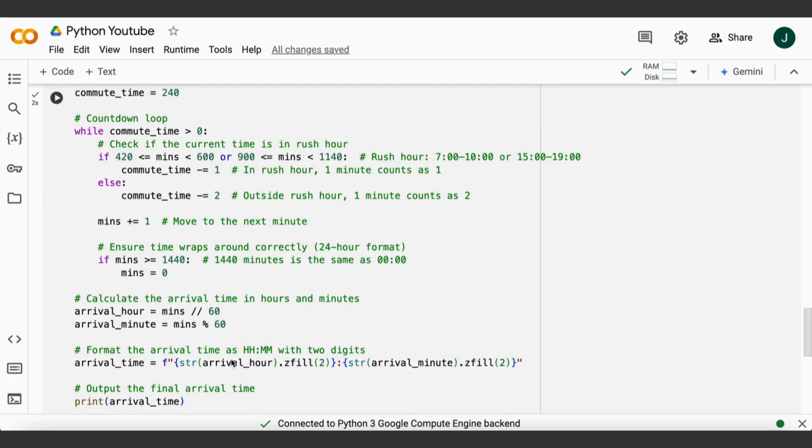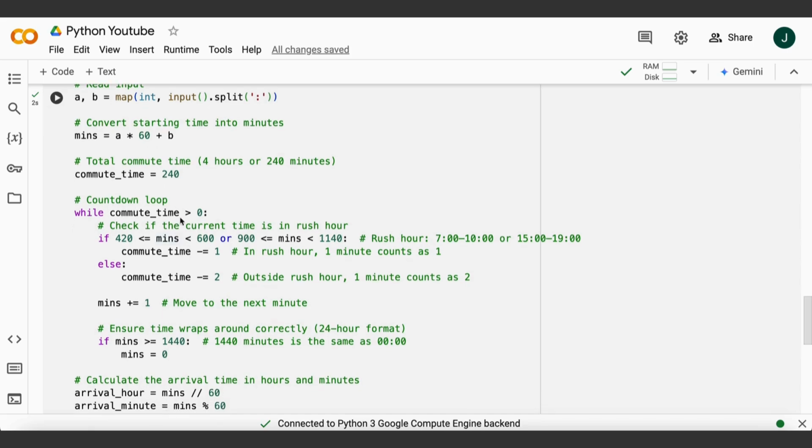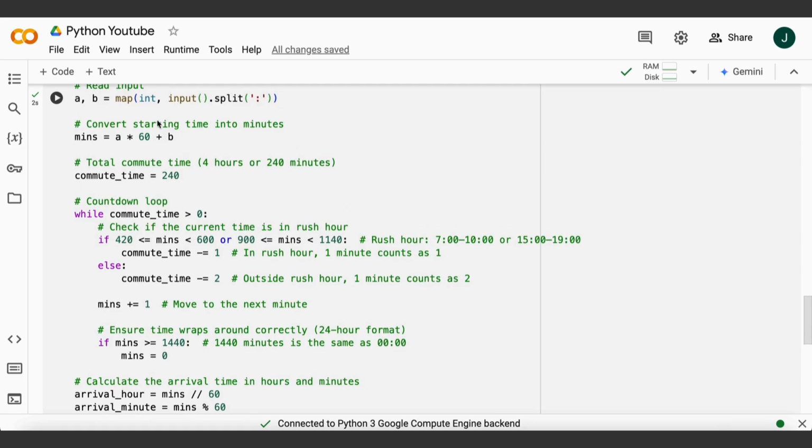Okay, so basically again, I got the countdown. I got the whole commute time, and then try to count down the commute time by dividing it into rush hour and non-rush hour, and then I'm adding the minutes into the starting point, okay.